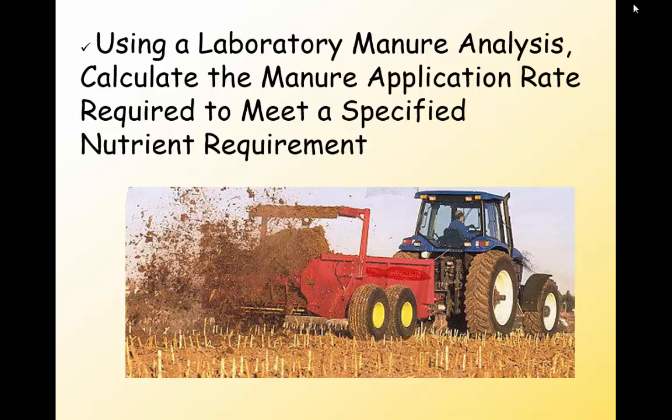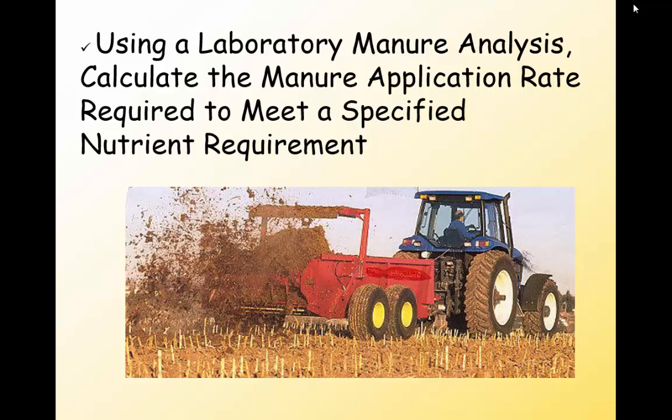Another thing you have to understand is once you know how much nitrogen is in there, how much is going to be available to the plant, then you have to calculate an application rate, because everybody's going to have different equipment to apply their manure. It might be in a different state of repair. Some might be older, some might be newer, some might have GPS.